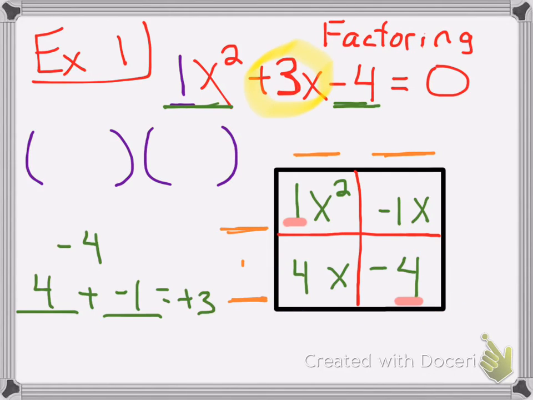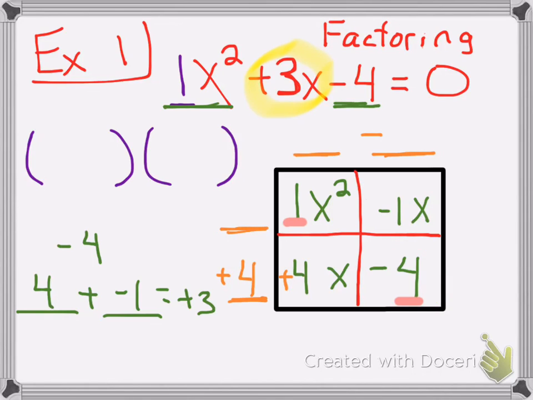Obviously a 4. And one thing I just about forgot is the sign that's closest to the edge here, that's the sign that goes with it. Like right here, this negative 1x, since that's negative, this answer is negative.